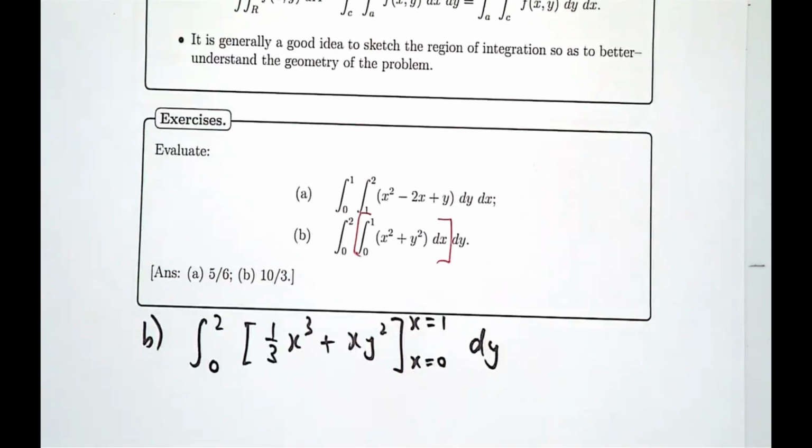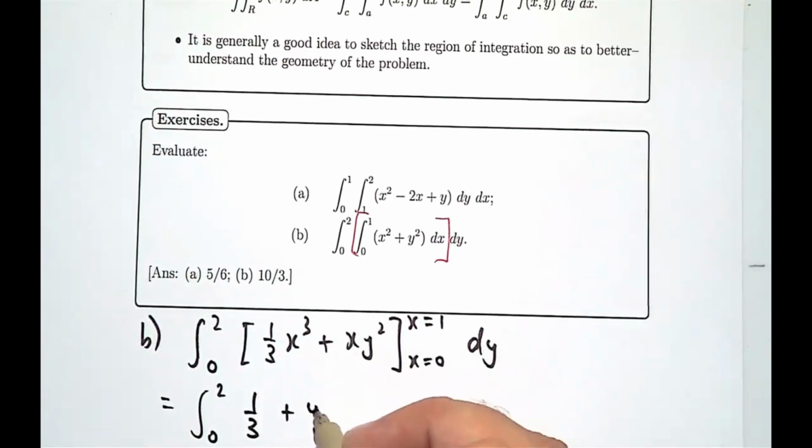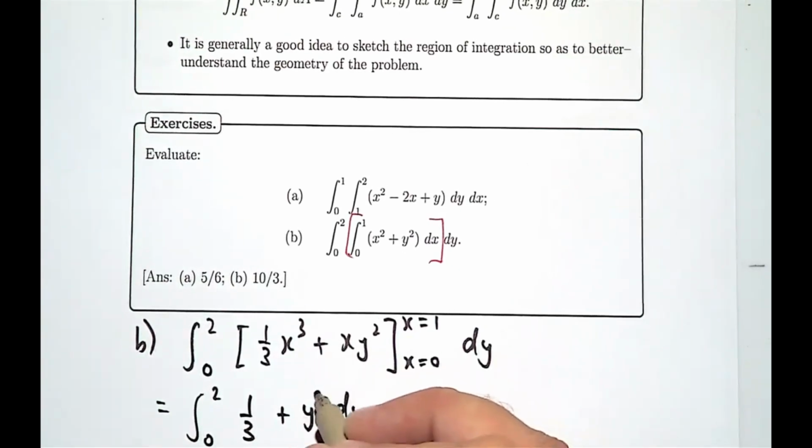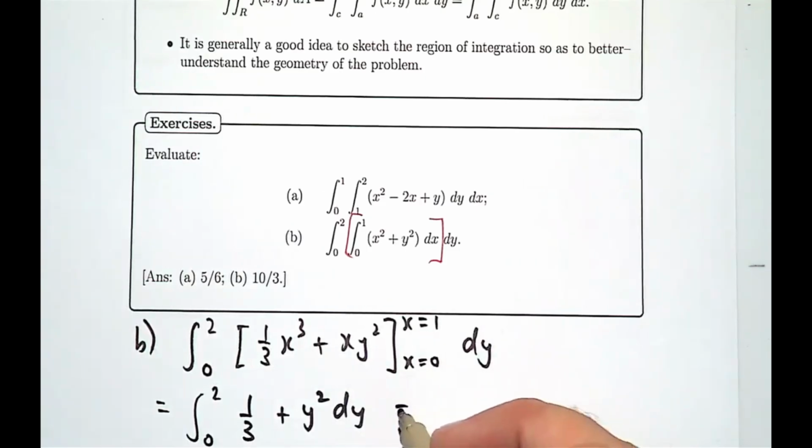Okay, so we sub in and then we'll get an integral involving y. So x equals 0 is just going to give us 0. Okay, so nothing fancy. We can integrate that. We know what that is.